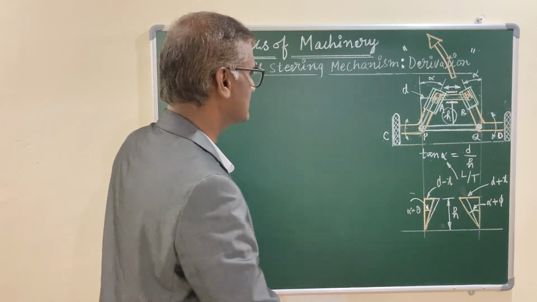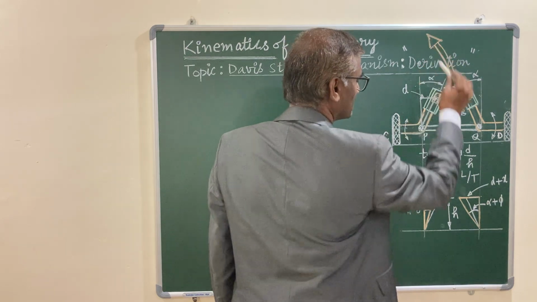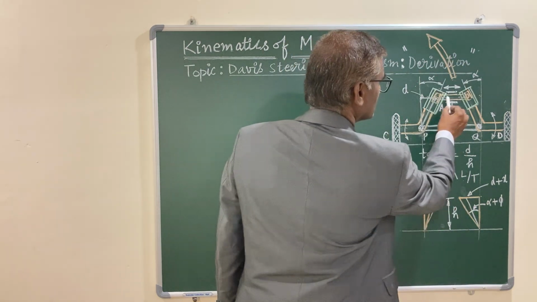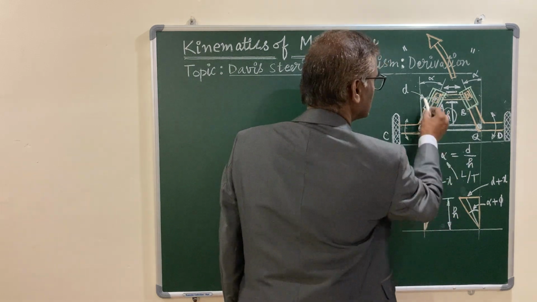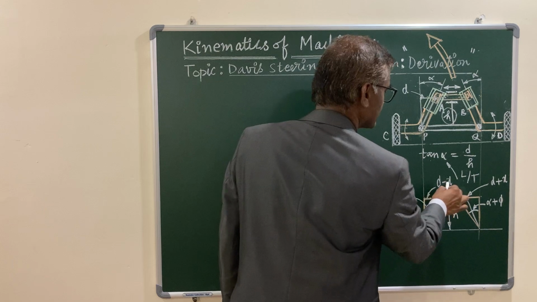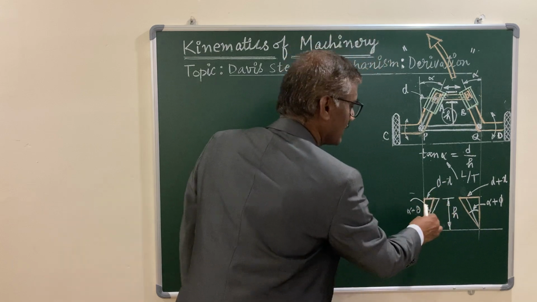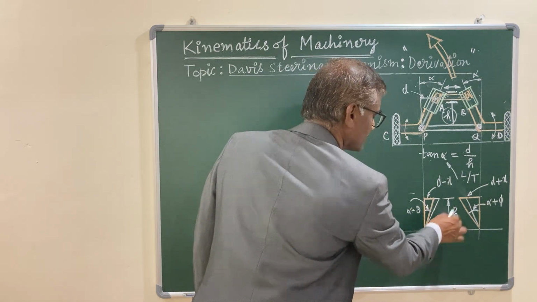So let us look at this. Let us consider you are negotiating a left turn. The moment you negotiate a left turn, the cross link is slid to the left by x displacement. In mean configuration it is d, and this becomes d minus x. So in the left triangle the opposite side is d minus x, and the adjacent side, which is fixed, is h.